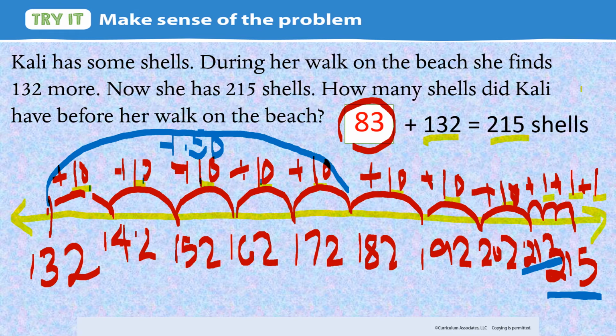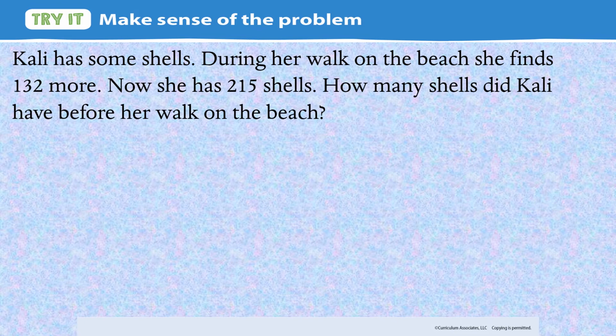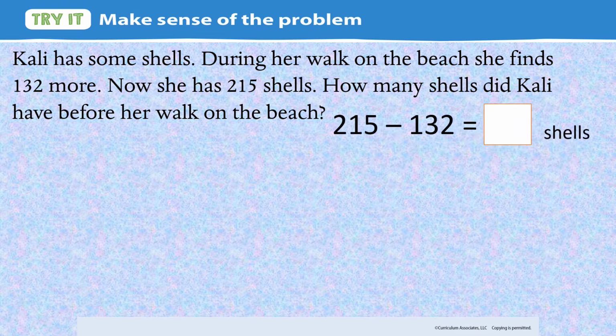Again, that's a start unknown problem because we didn't know the number that we started with. And our strategy there was an addition equation and counting up. Let's see if you tried a different equation. Maybe you decided to write an equation like this. This is a subtraction equation.